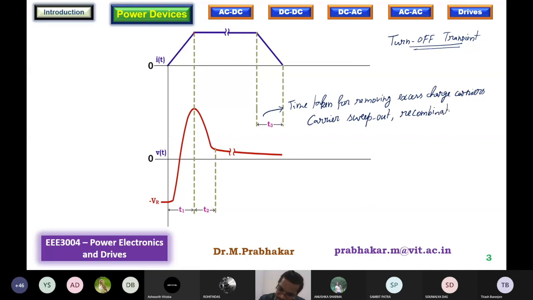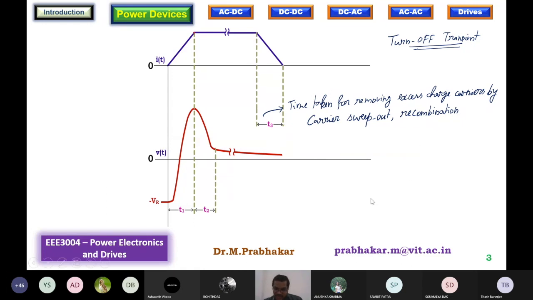Therefore, that will also wipe out the carriers. Fine. So I will first write and then I will speak recombination. Recombination is a process by which electrons and holes combine and then they get neutralized. As a result of recombination, excess charge carriers will be removed. So we remove excess charge carriers by carrier sweep out and recombination. So the time taken for removing the excess charge carriers is T3.